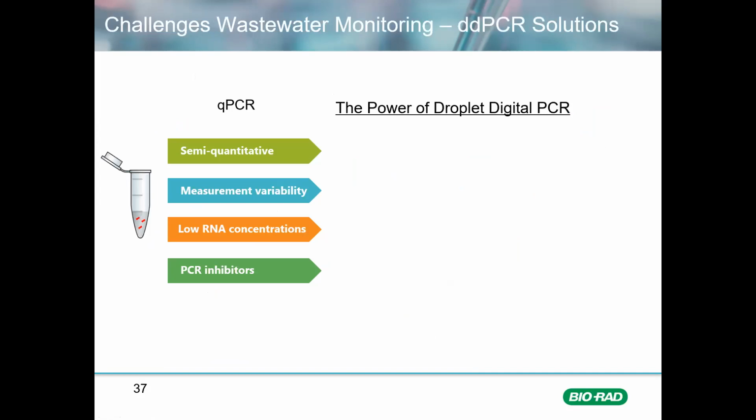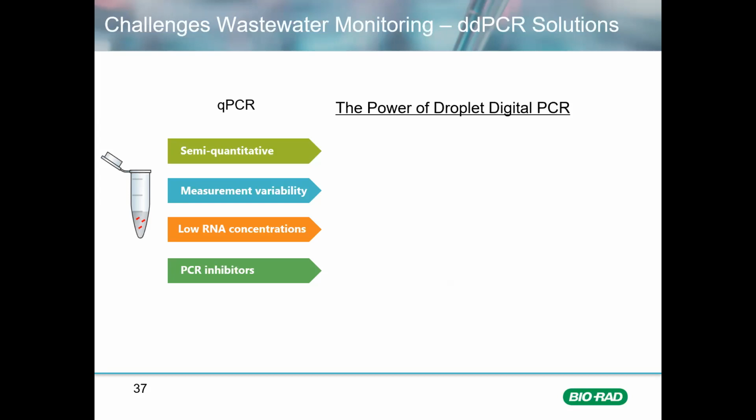Okay, now classically, qPCR has been used as the approach for studying wastewater. However, we're seeing a lot of groups starting to transition over to ddPCR because there are several challenges posed with qPCR that ddPCR is particularly poised to overcome. The first is qPCR is by nature semi-quantitative, and most groups are wanting to do absolute concentration.